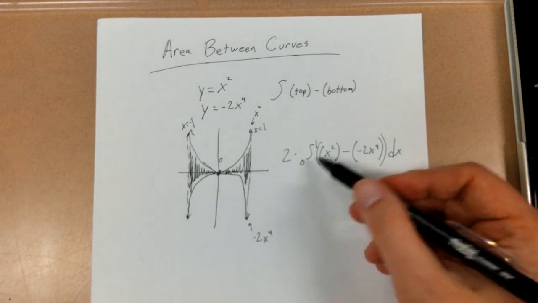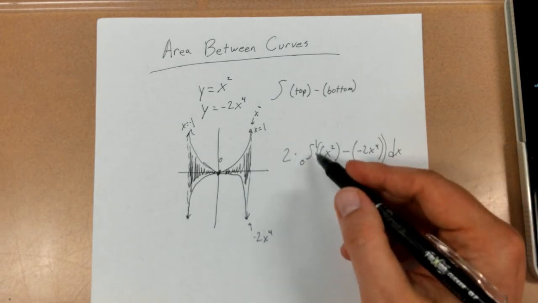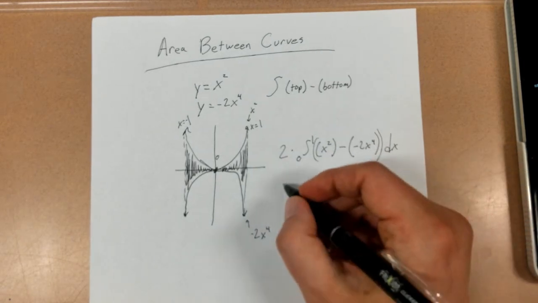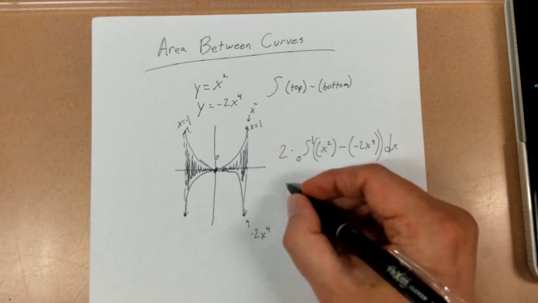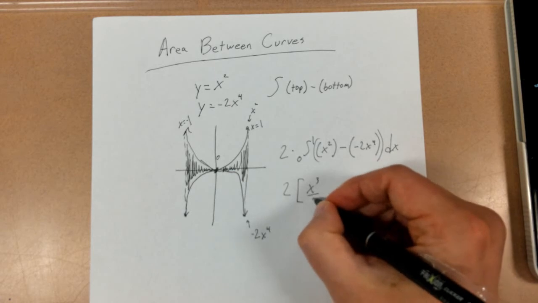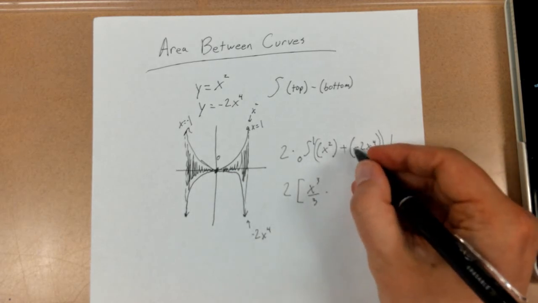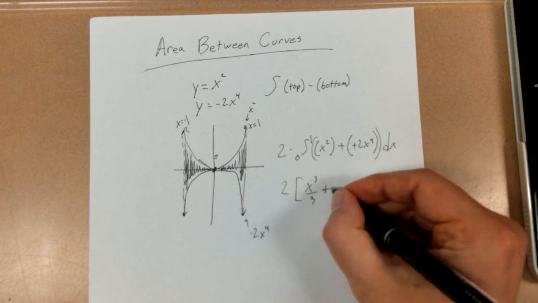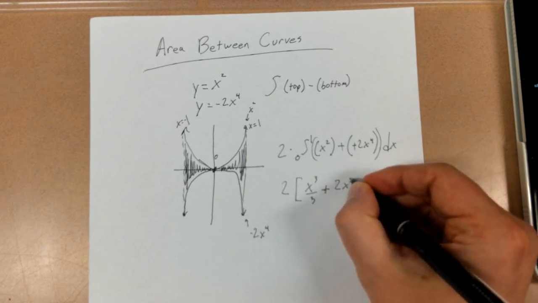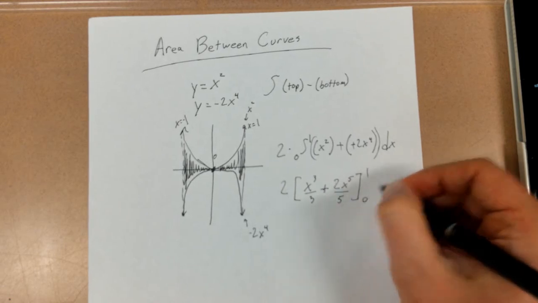So then from here, it's just do the integration and substitute in your upper and lower bounds. Using the power rule, I would have x to the third over 3, and then since it's subtracting a negative value, I'm just going to make it plus positive, so it'd be plus 2x to the fifth over 5, and then we'll be substituting in a 1 and a 0.